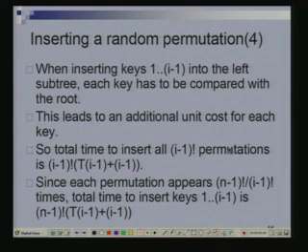The total time to insert all the I minus 1 factorial permutations is this much, but each of the permutations is now appearing so many times. So, it is just this times this, which is n minus 1 factorial times this part. This is the total time I take to insert the keys 1 through I minus 1 into my tree, where this sum is taken over all the permutations, and this is actually not the total time, this is the total time for permutations in which the first element is I.